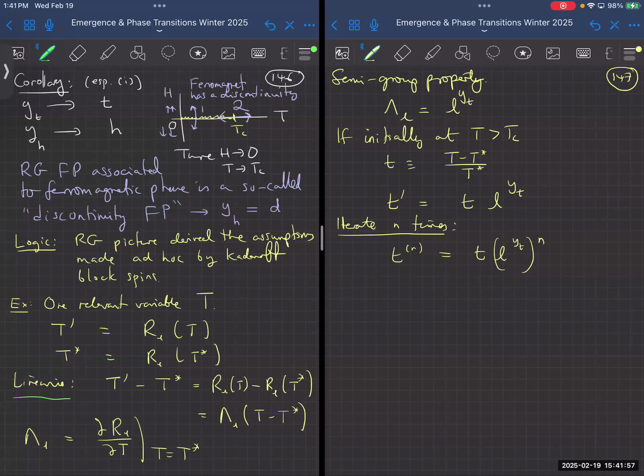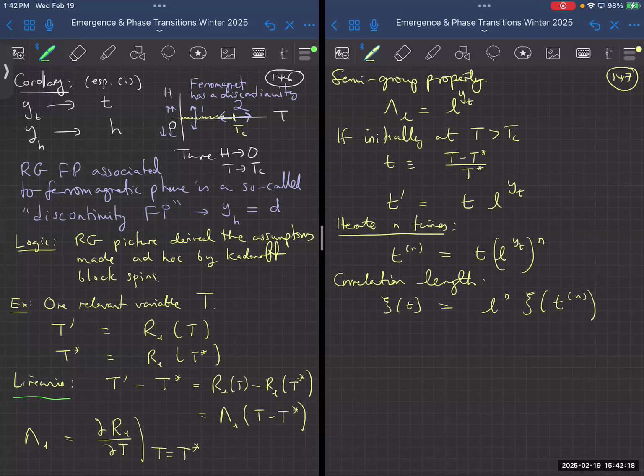If I look at how the correlation length scales, so that starts off as being a function of t, and then after n iterations, it's grown by a factor L to the n times psi of the nth iterate t of n.